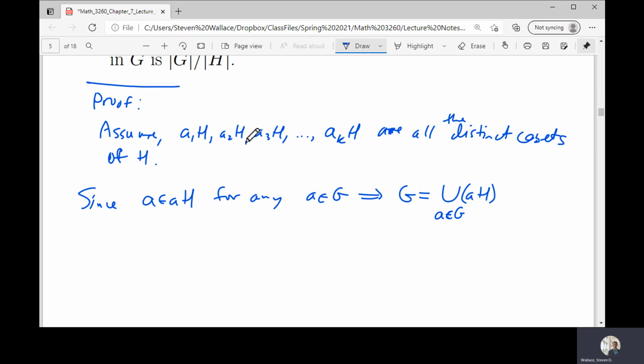Which means, if I take these are all the cosets, every element of G must live inside some coset, okay? This means that G is the union of these distinct cosets, right?